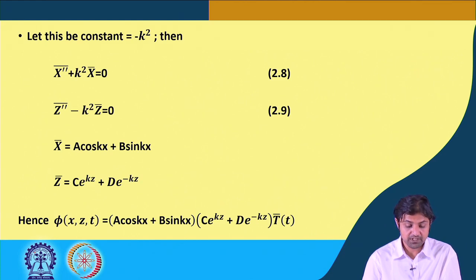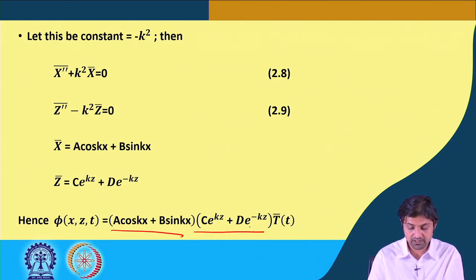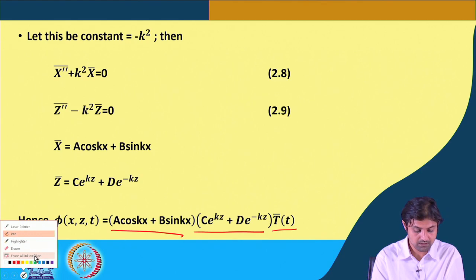So, you see the solution that we initially assumed was phi of x, z, t is X bar, Z bar and T bar. So, we can write this one instead of X bar, this one instead of Z bar, and T bar remains as T bar.